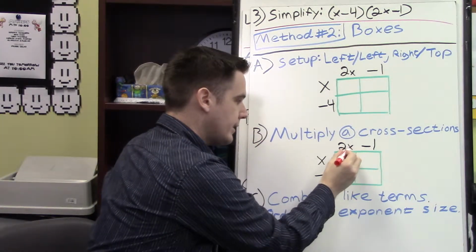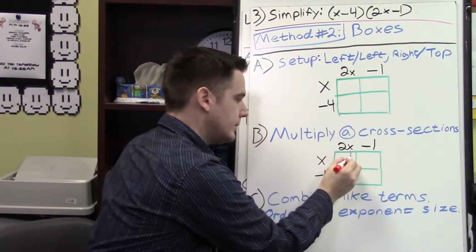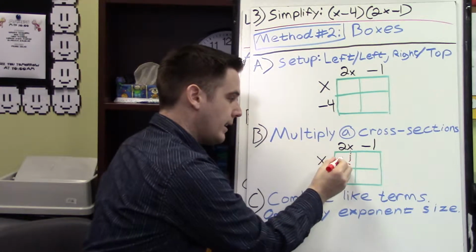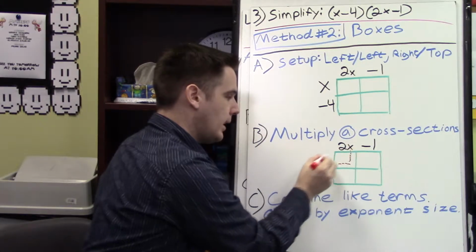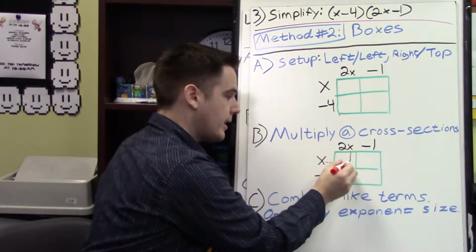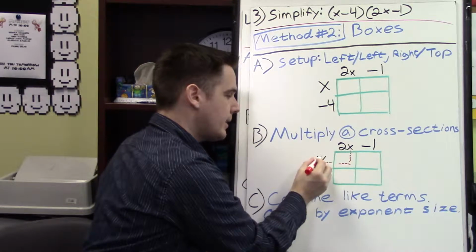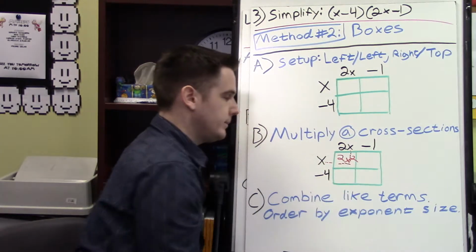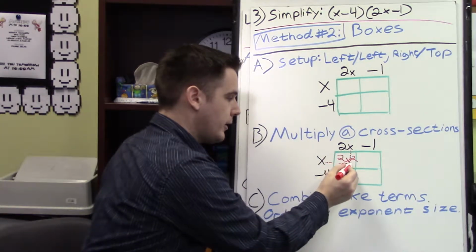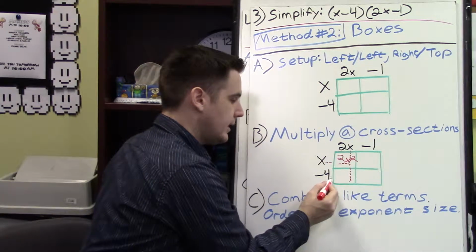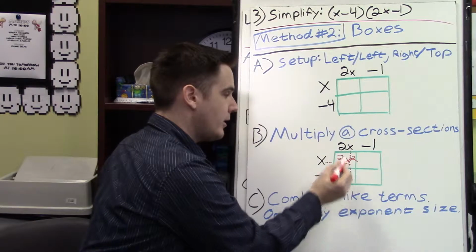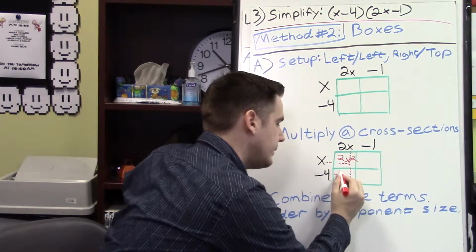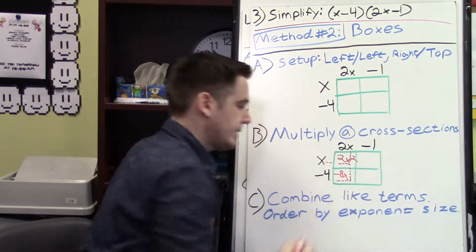So what that means is, starting at the top, if you draw a line here and draw another line here, they meet at this point. Multiply that at that cross section. So 2x times x equals 2x squared. And then if you were to continue going down, this one would come over, cross section, 2x times negative 4 equals negative 8x.